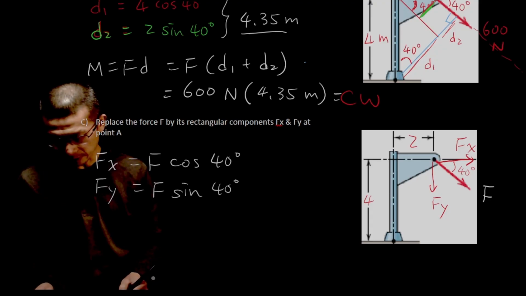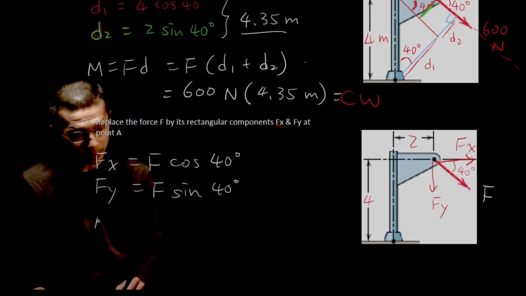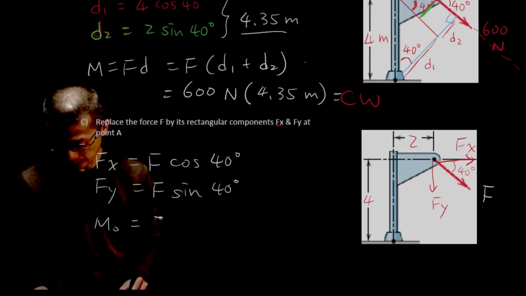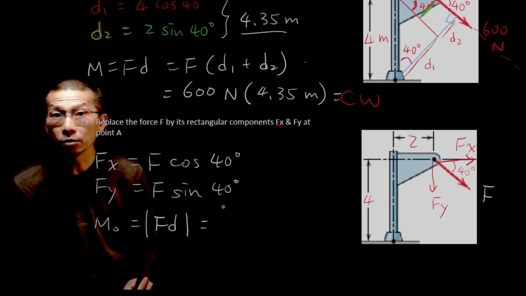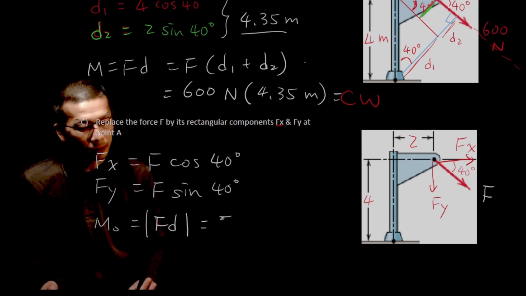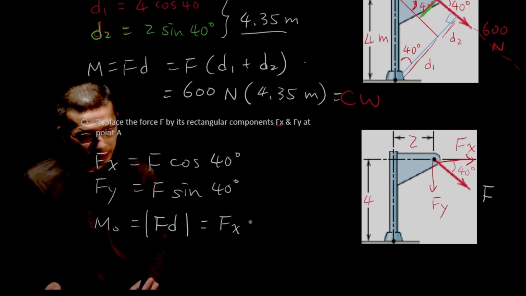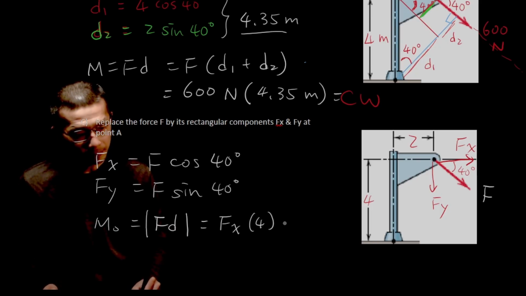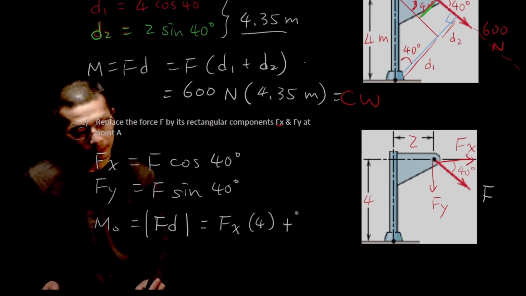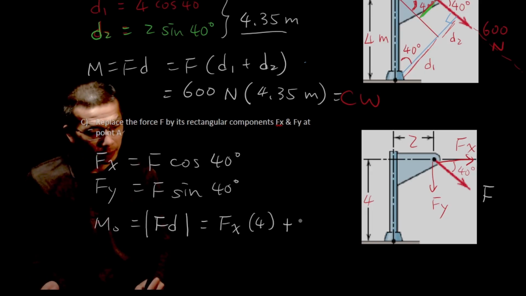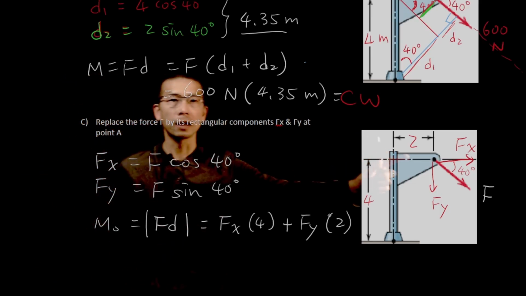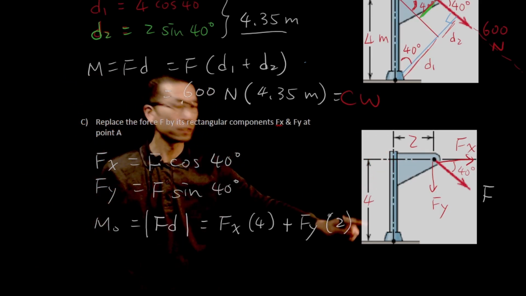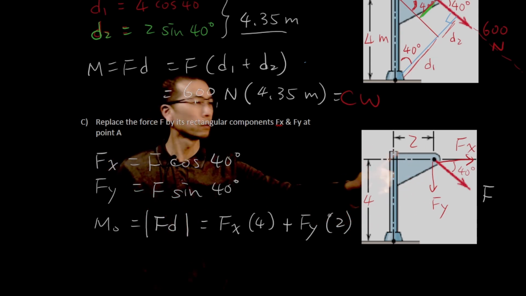And now using Varignon's theorem, we can write MO equal to FD. That just means magnitude, equal to Fx times 4 and Fy times 2. Because the moment arm for Fx is this 4 meters, and for this Fy is this 2 meters.